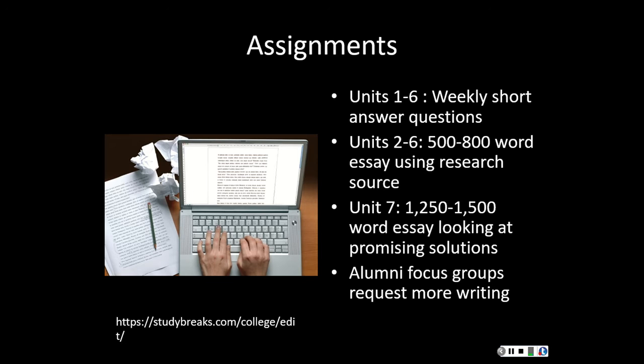During our last alumni focus group, it kind of surprised us because normally when we put writing assignments out, people are not always the happiest. However, when our alumni came back, they told us they wished that they did more writing. So part of the change that we're incorporating over the next few years is to add more writing assignments and take them in place of traditional quizzes. And you'll see from the setup of this course, that's exactly how this is designed to work.